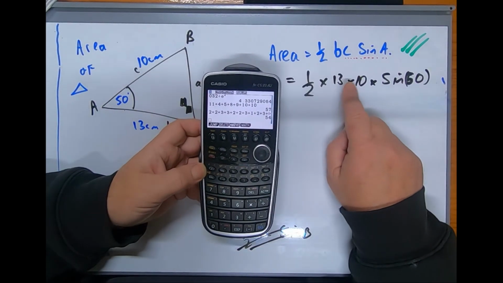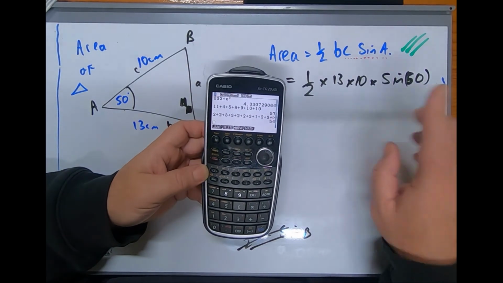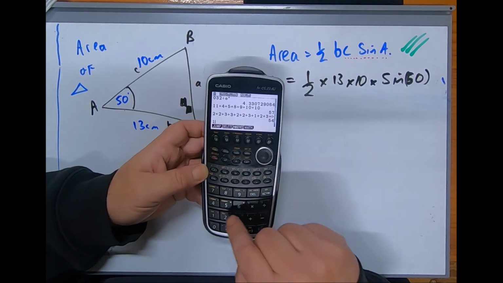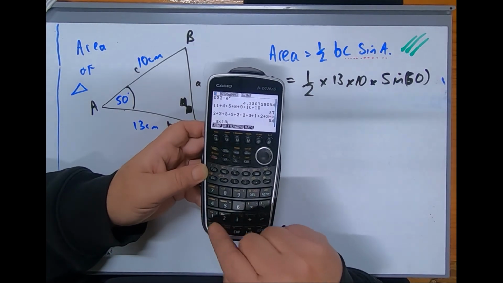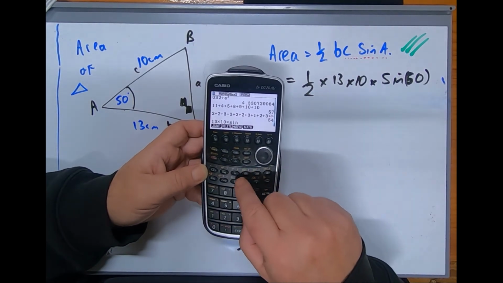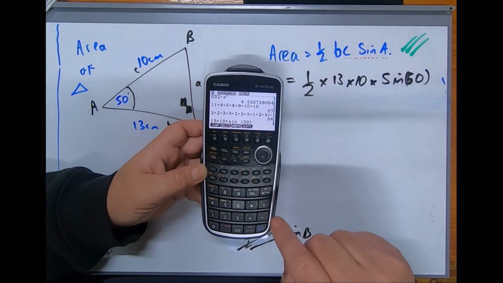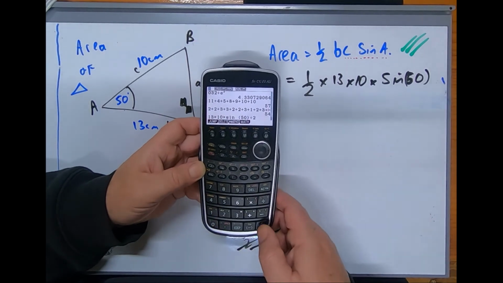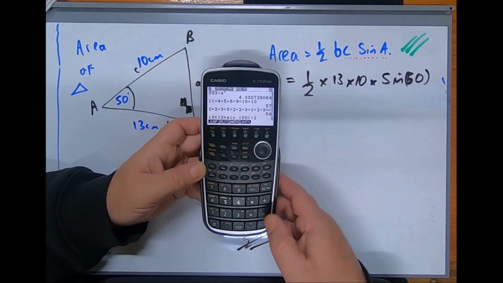I'm going to do 13 times 10 times sin 50. 13 times 10 times sin bracket 50, close the bracket. And then at the end I'm going to divide by 2. That's the same as multiplying by 1/2.